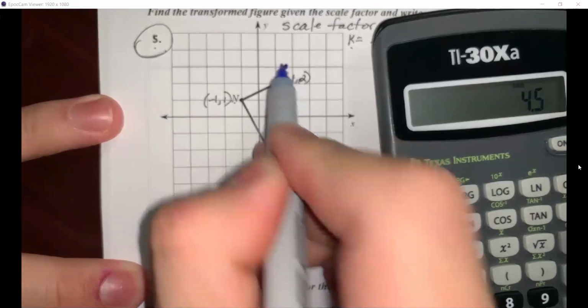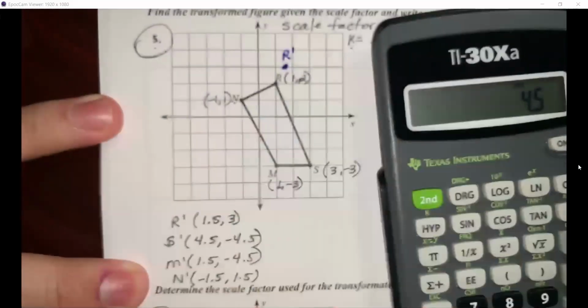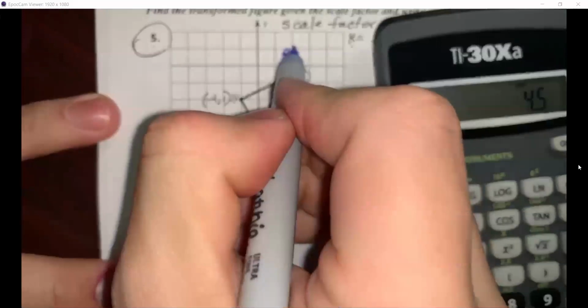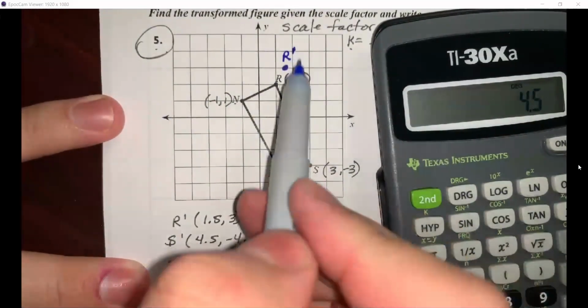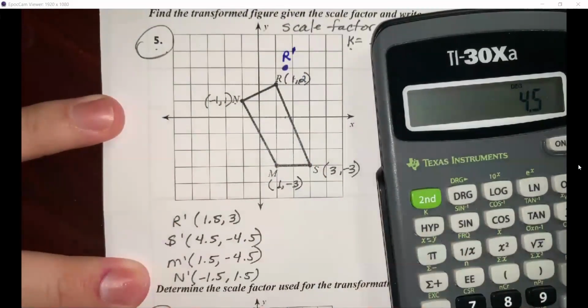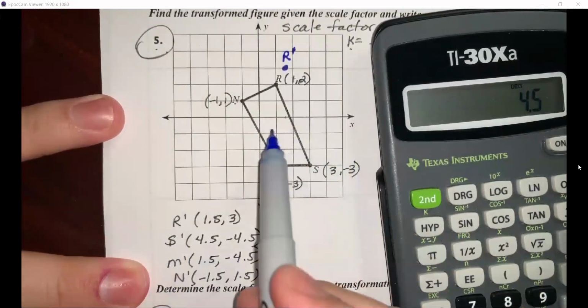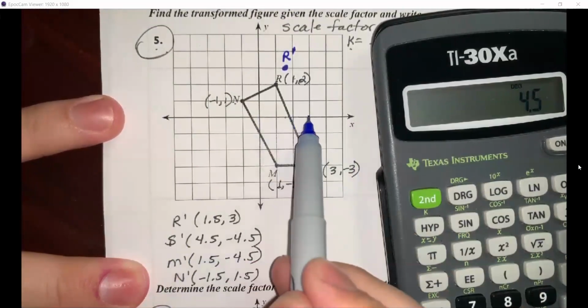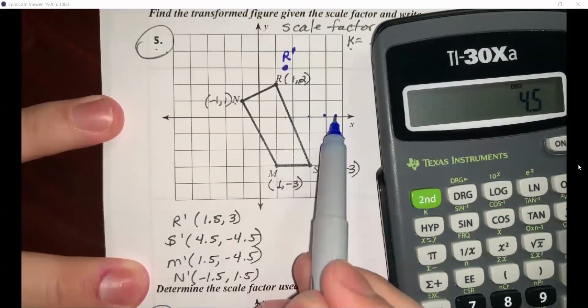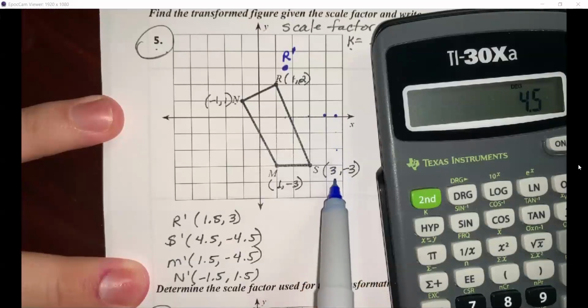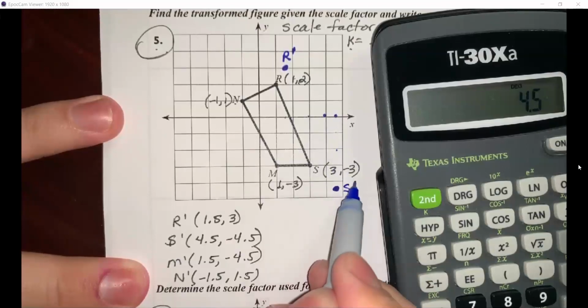So there's my new R. And remember, just in case you forgot, when I say new R, I'm going to use the tick mark with that R. Then I'm going to figure out where my new S is located. So 4.5, -4.5. So 1, 2, 3, 4. 4.5 is halfway there. And then down 4.5. 1, 2, 3, 4, and then halfway there. So there's my new S.